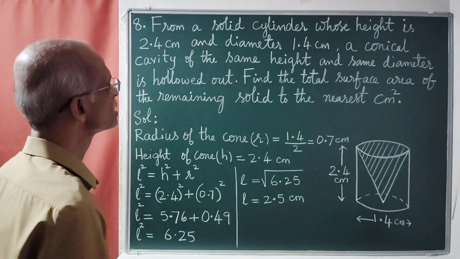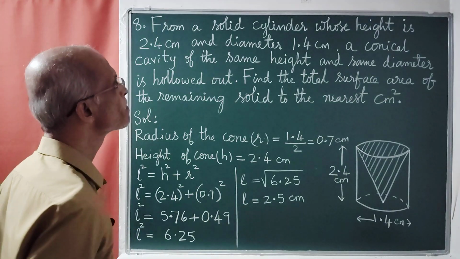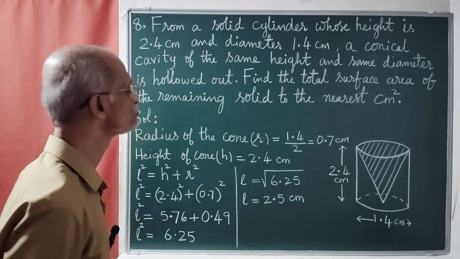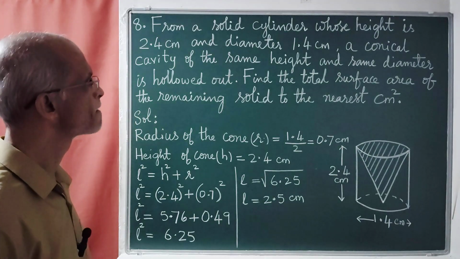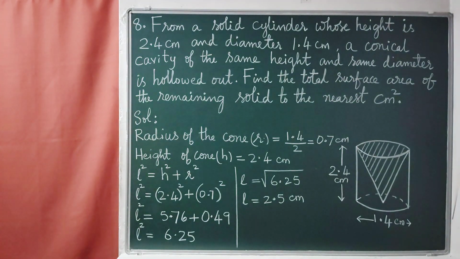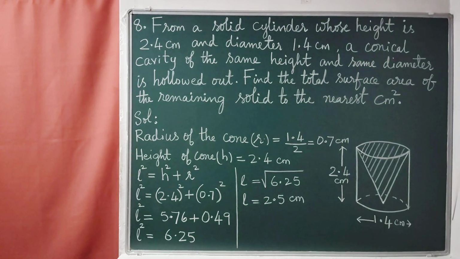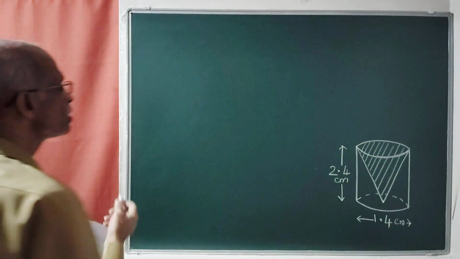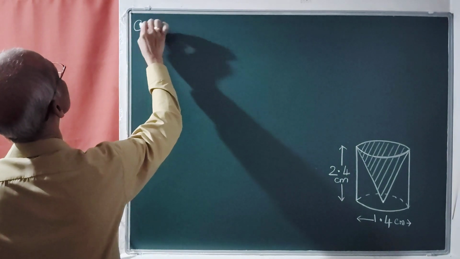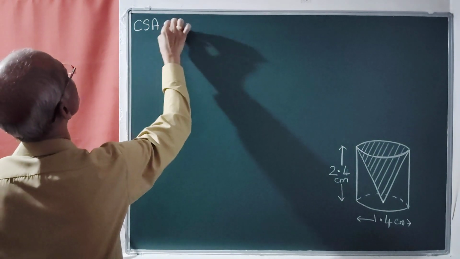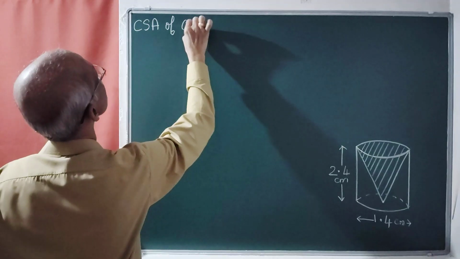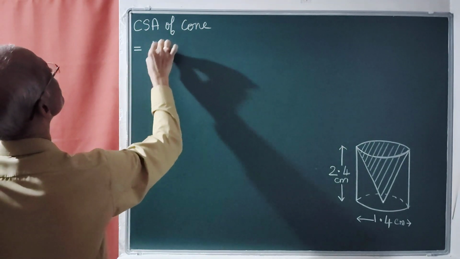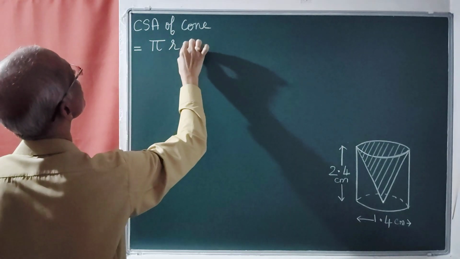By using the slant height, you have to find out the CSA of the cone. Now CSA of cone is equal to pi RL.